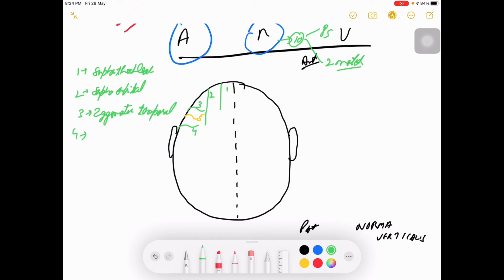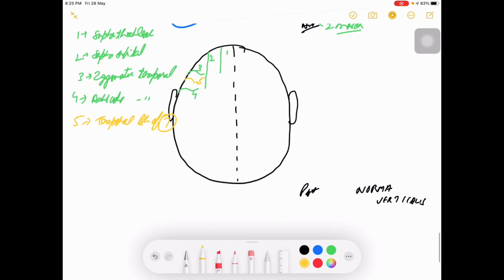The fourth one is the auriculotemporal. The fifth one I have drawn in a different color because it's a motor nerve. It is the temporal branch of the facial, the seventh, the same one that was supplying the frontal belly of the occipitofrontalis.